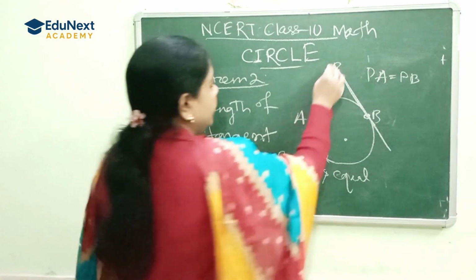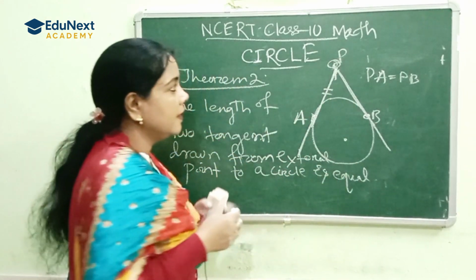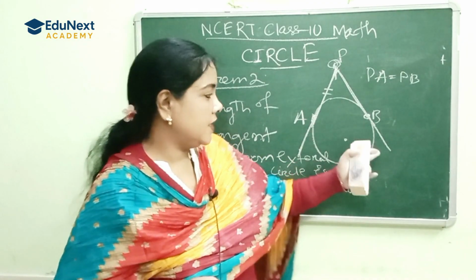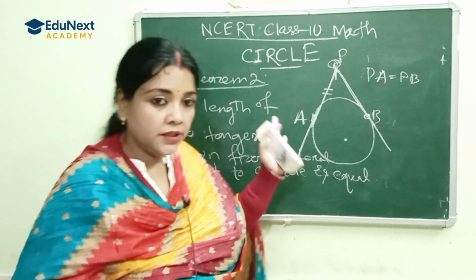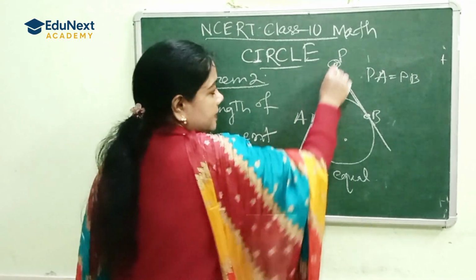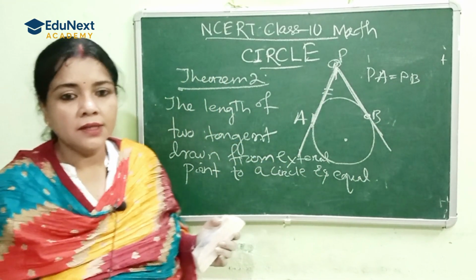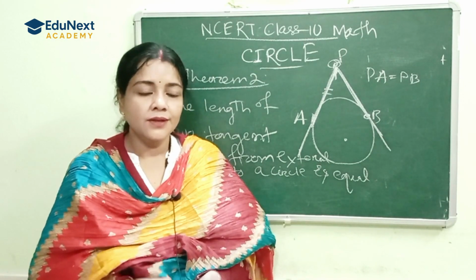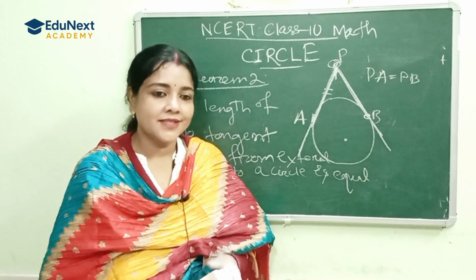You take an external point here, P. If you draw lines that touch any two points on the circle, then the length of these tangents is equal. That means PA is equal to PB. Now let us discuss about exercise 10.1.